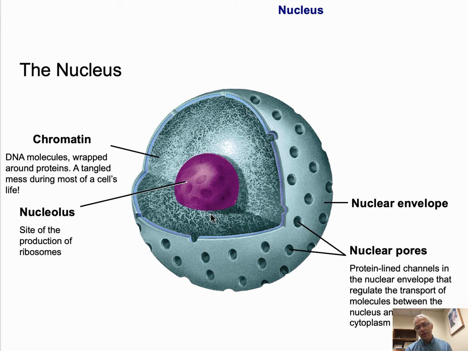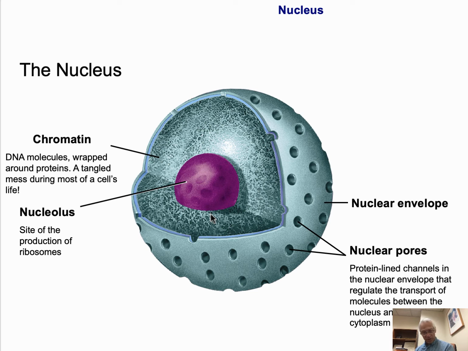But the nuclear membrane is a double membrane layer, a double layer of lipids. And the nuclear membrane has relatively large openings in it called nuclear pores, but these are lined with some complex proteins that do a pretty good job of screening the substances that might enter or leave the nucleus.